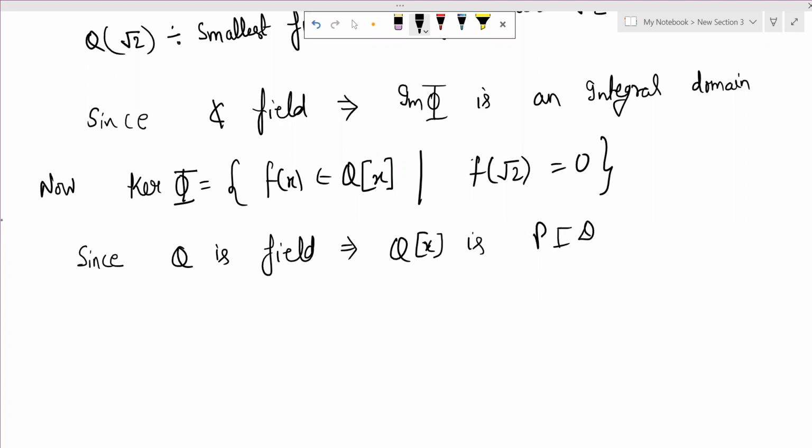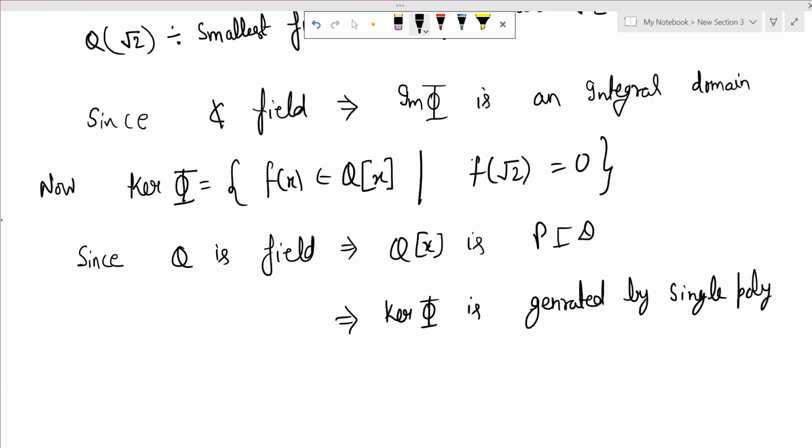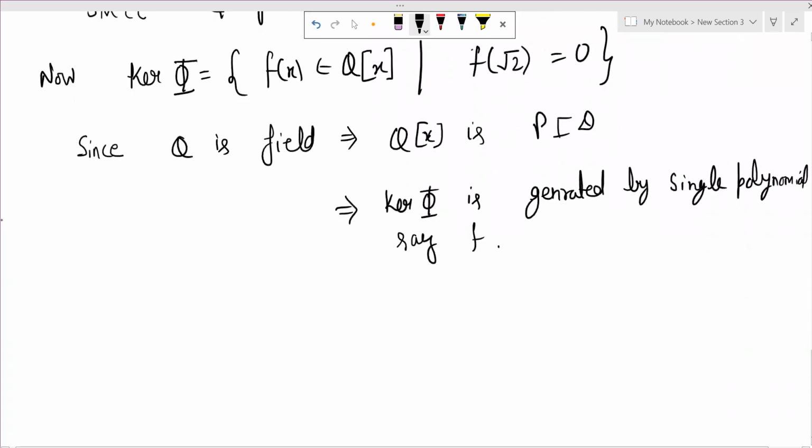This implies the kernel of phi is generated by a single polynomial, say f. What this implies is that the kernel of phi is equal to the ideal generated by f.